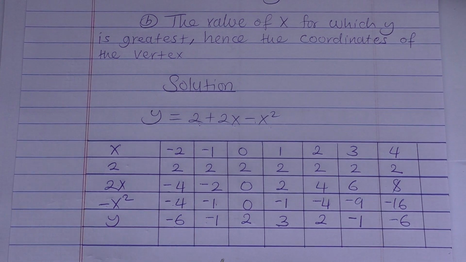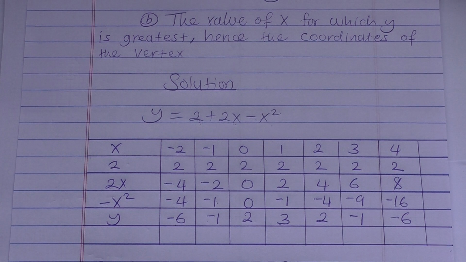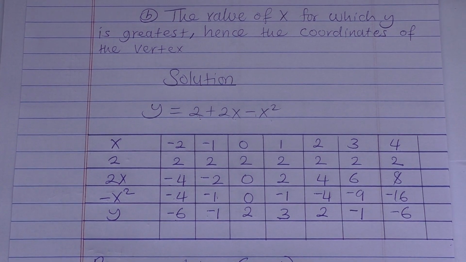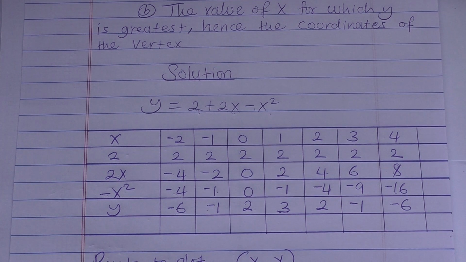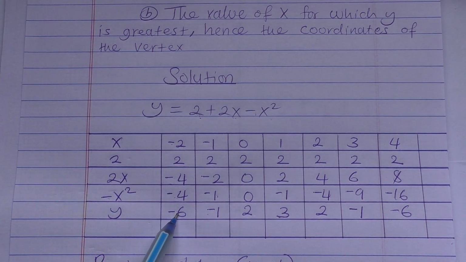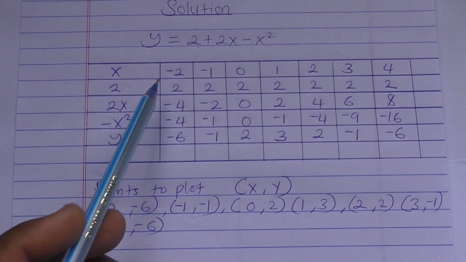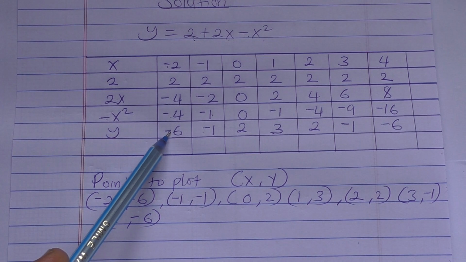And now, after getting the values of y, then we are going to get the points that we shall plot on our graph. The points are obtained by considering the x and the y value. So our first point is (-2, -6).